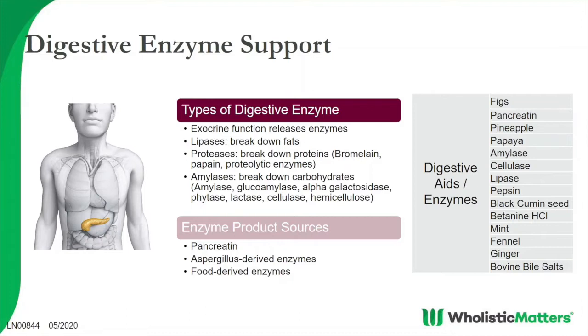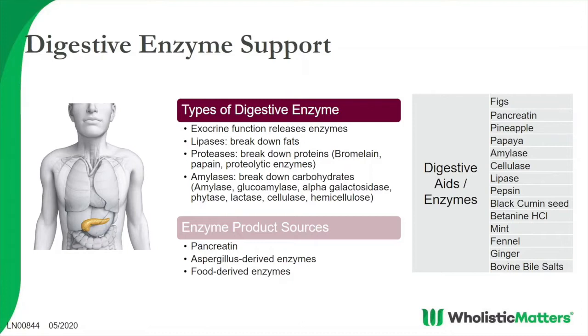So certain proteases, they're more of a blunt hammer for trying to break down all kinds of proteins, but some of them might be a little bit more specific. Then you have amylases that can target simple carbohydrates as well as some of the less normally digestible carbohydrates for humans.